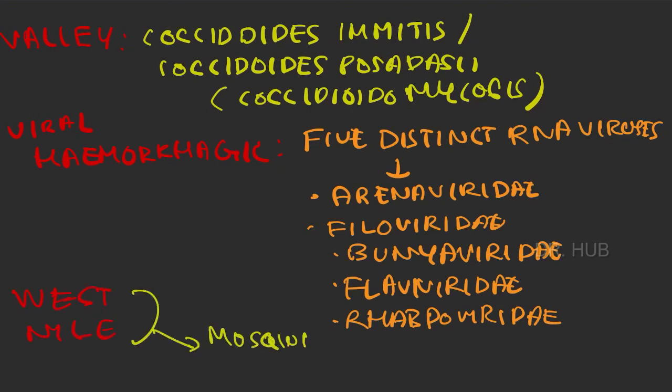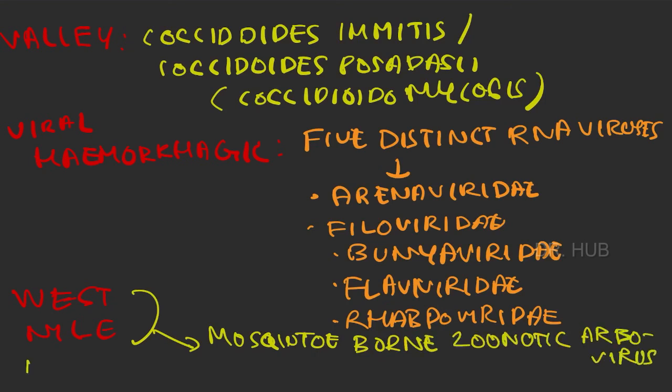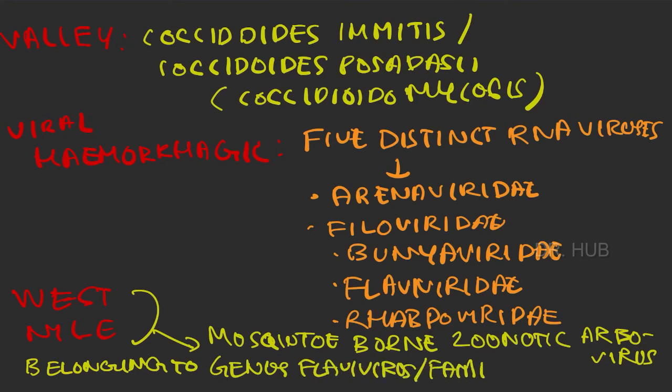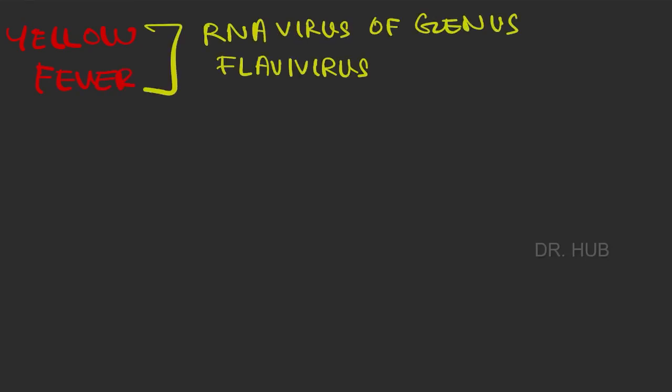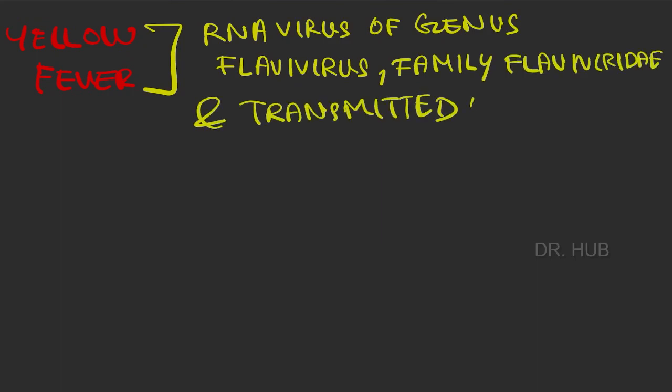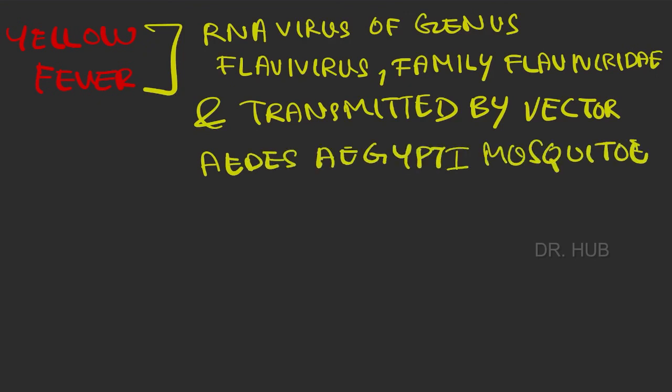Next, there is the West Nile fever, seen in case of a mosquito-borne zoonotic arbovirus, and this belongs to the genus Flavivirus as well as the family Flaviviridae. Now we are looking at the yellow fever, and this is by the RNA virus of the genus Flavivirus as well as the family Flaviviridae, transmitted by the vector Aedes aegypti mosquito.